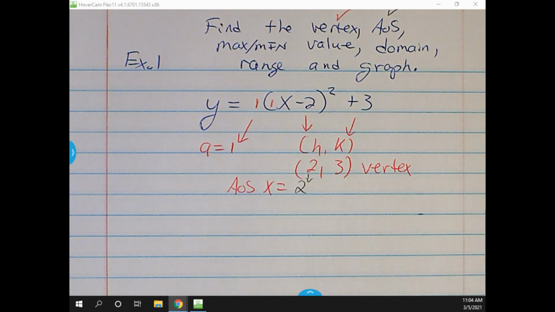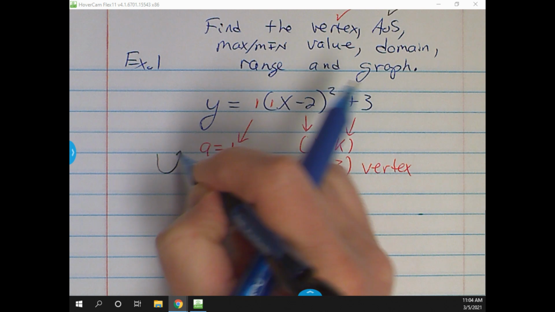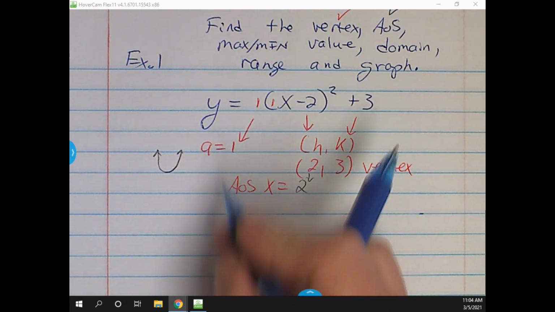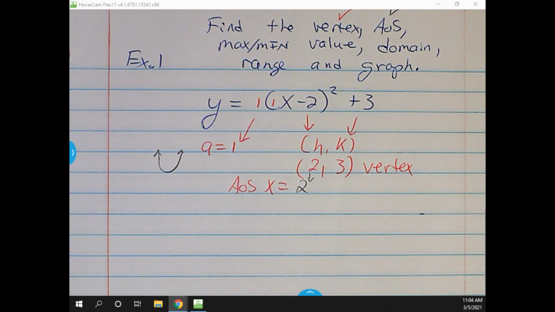Okay, the max, the min, the domain, the range, all of this stuff we can get off of this one, because as soon as you know that the a value is 1, which is positive, take 2 seconds and draw the basic shape of it. We know the graph has to open up like this because this is a positive 1. As long as it's positive, the graph has to do that, no matter what we do.